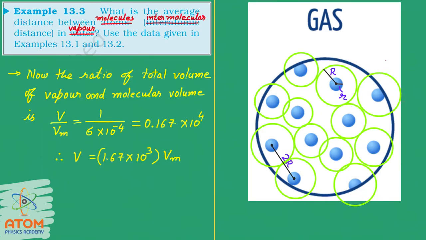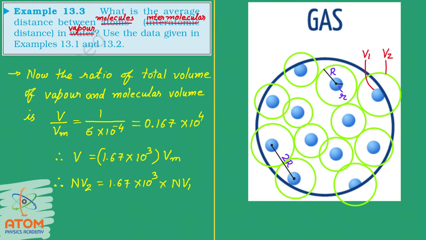If the volume occupied by this molecule is, let us say, V2, and the volume of the molecule itself is V1, and the total number of molecules here is capital N, then V can be written as NV2, equal to 1.67 into 10 raised to 3 multiplied by Vm, which can be written as NV1.